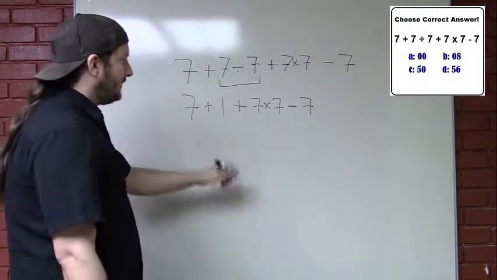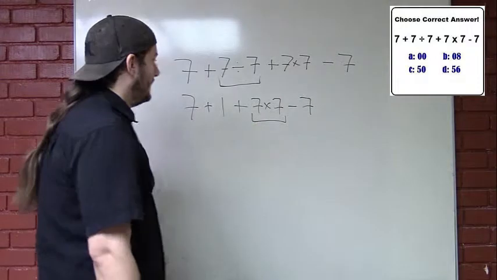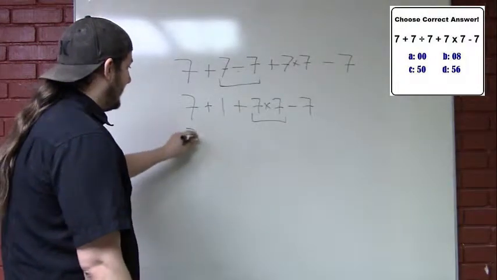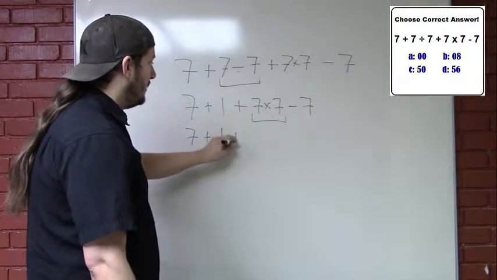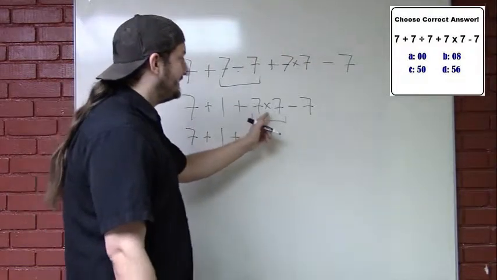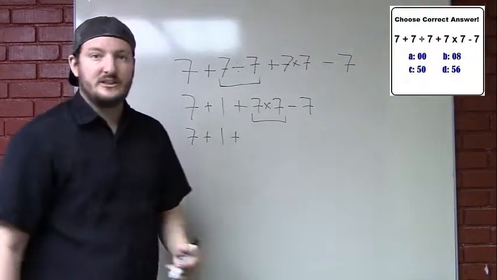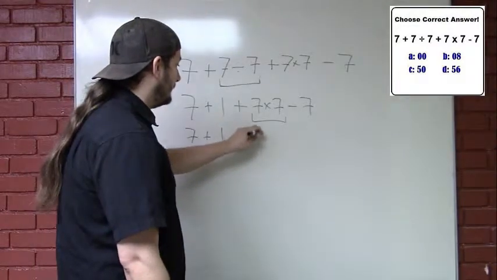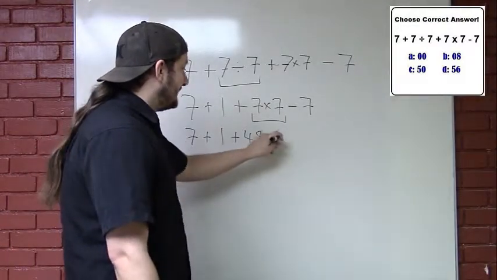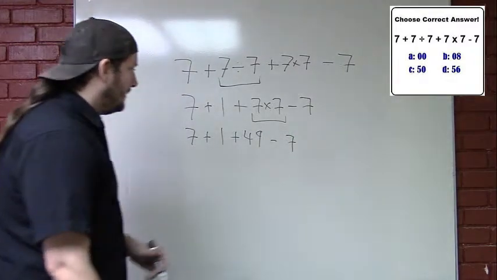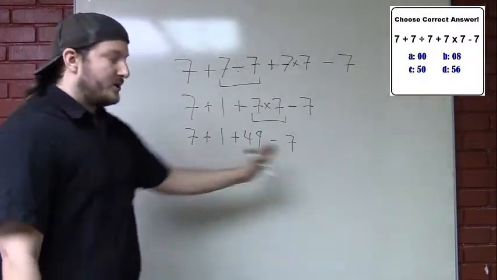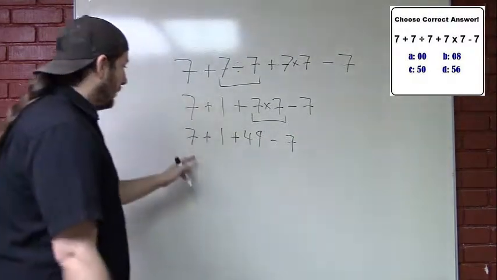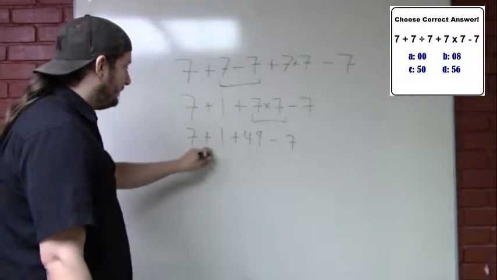Now, you see we have multiplication. So you just continue writing it down, 7 plus 1 plus, now you do 7 times 7, which is 49. Boom. So we got 49, and you just bring the 7 down. Now it's just pure adding and subtracting. What's 7 plus 1? 8.